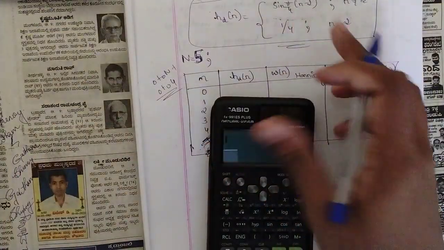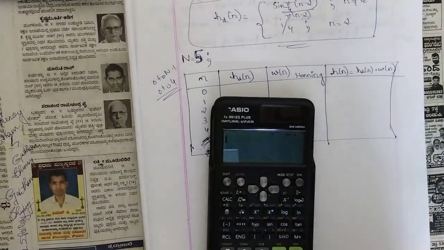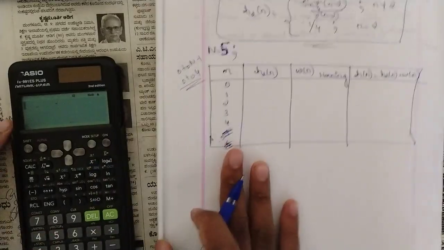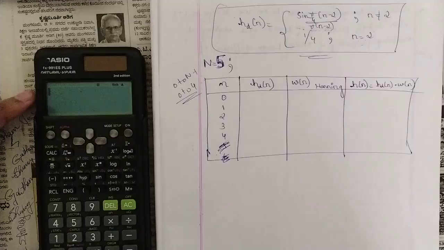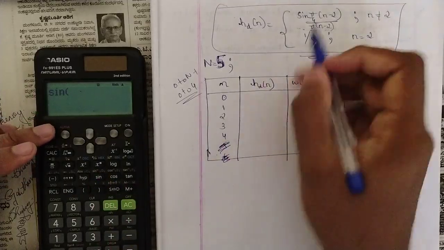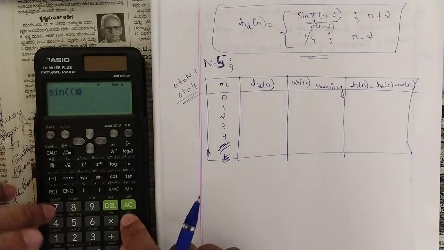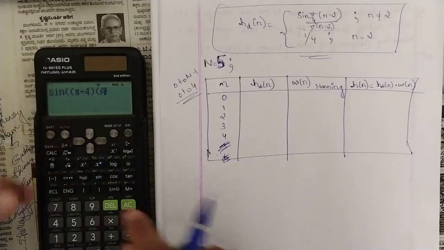Yeah, so now let's find the values of hd of n. Put this equation in the calculator, divided by pi (n minus 2). Don't forget to put the calculator in radian mode, it is very important. So sine of pi by 4 into (n minus 2). Put one more bracket and write separately pi by 4, close the bracket, again open the bracket and write a minus 2.